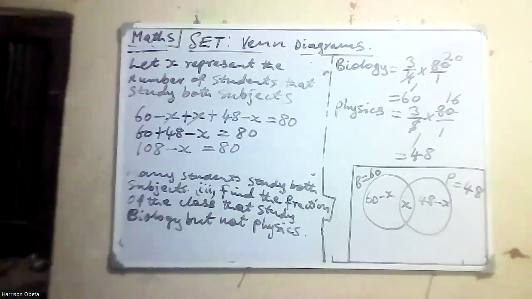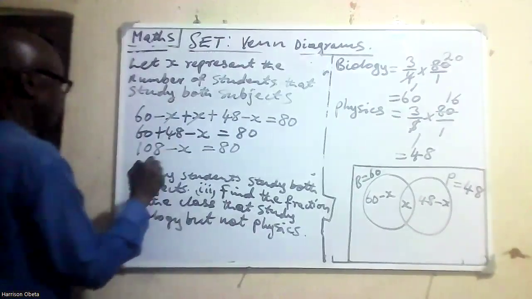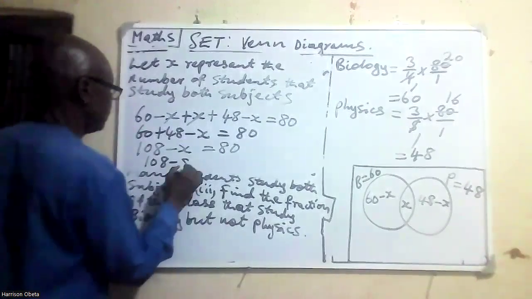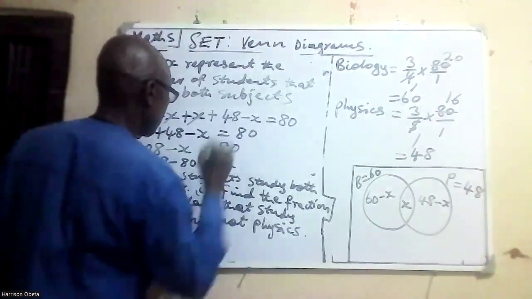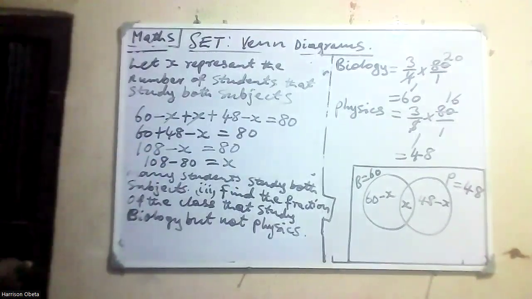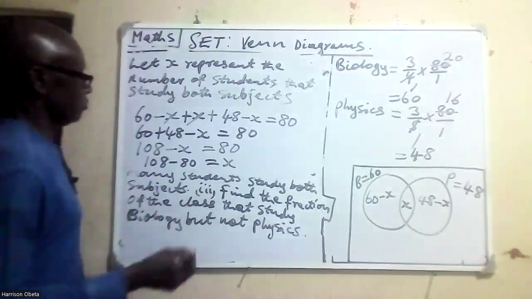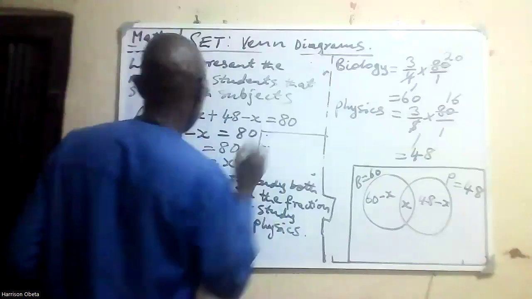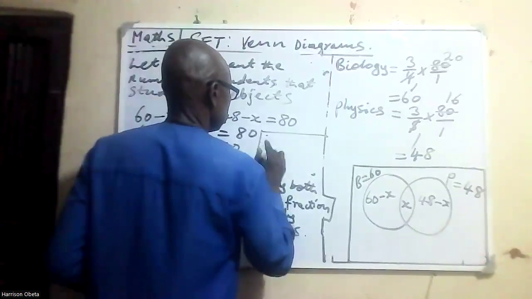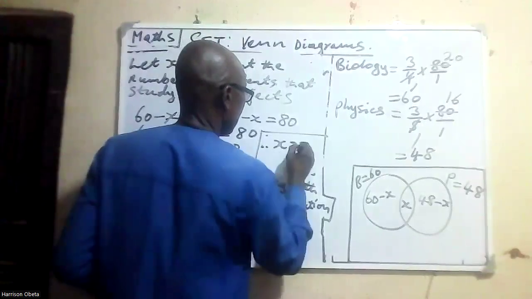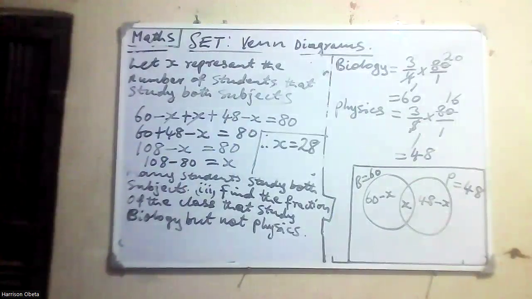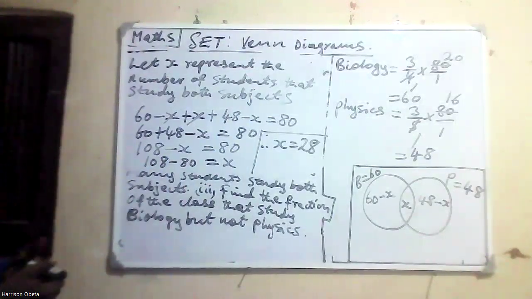Again, we collect our like terms, and that will be 108 minus 80 is equal to x. So 108 minus 80 will give us 28. Therefore, our x is equal to 28.